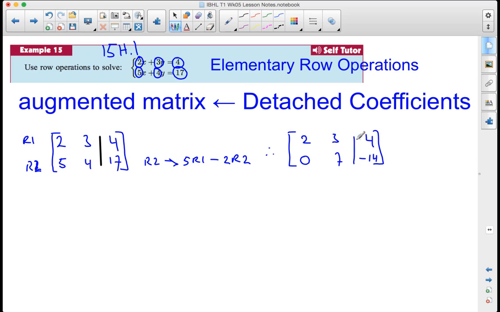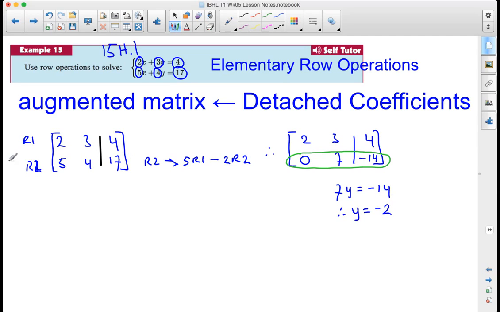Now, I don't even need to go further here, because from this bottom row now, I can deduce that 7y equals negative 14. Therefore, y equals negative 2.